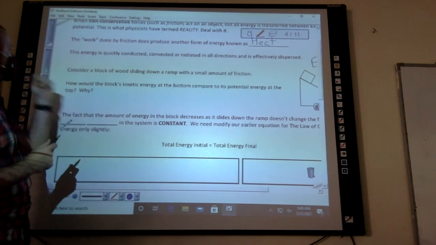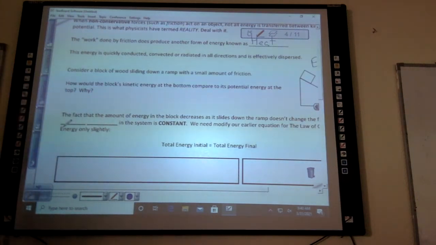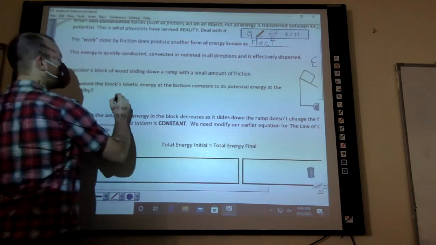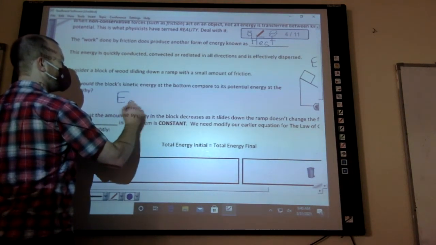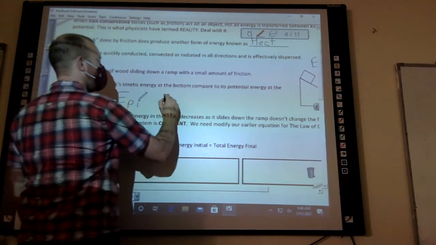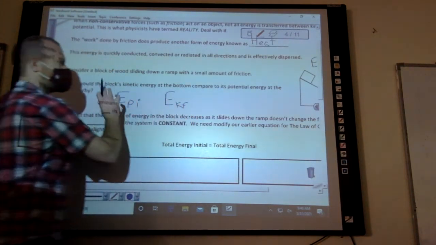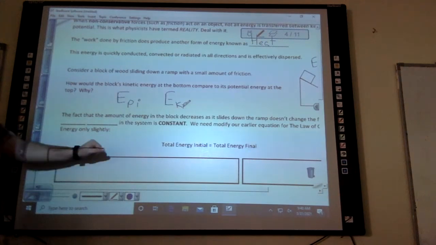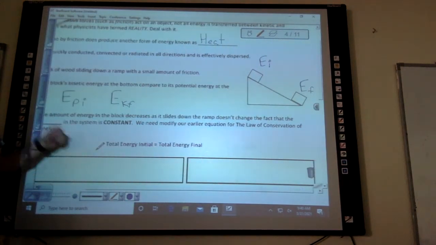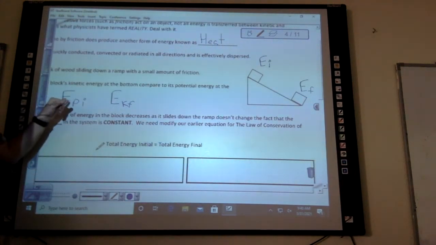So if we look at this, what does this say? How would the block's kinetic energy at the bottom compare to the potential energy at the top? So if we were to look at energy potential initial and energy kinetic final, because it gets converted from potential to kinetic, is EPI bigger, smaller, or the same?